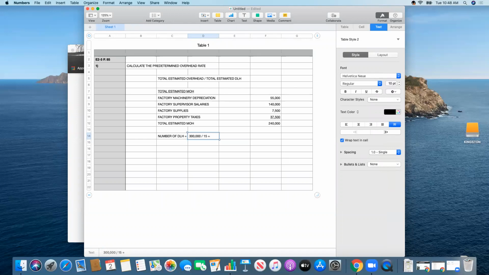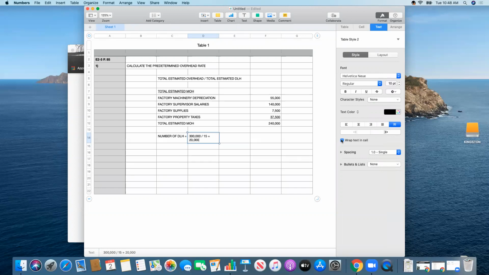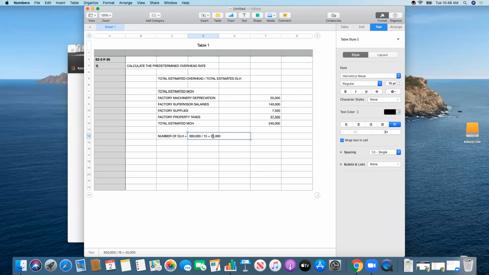So 300,000 divided by 15 is 20,000 direct labor hours.